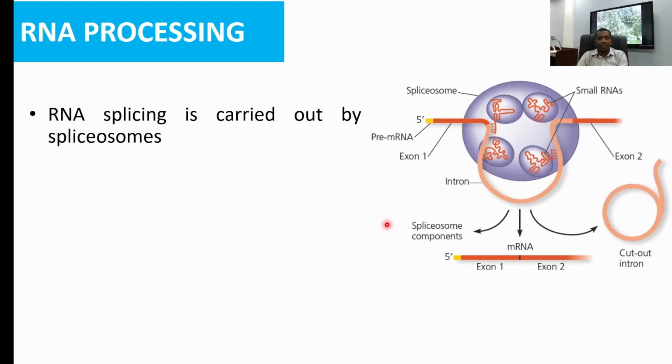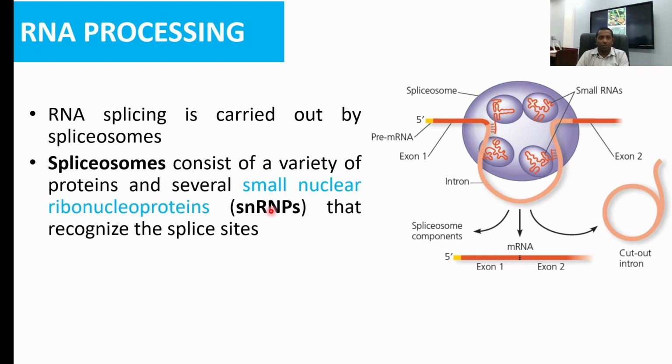This splicing is done by structures called spliceosomes. Spliceosomes are made out of proteins and several small nuclear ribonucleoproteins, or SNRPs, these small RNAs.